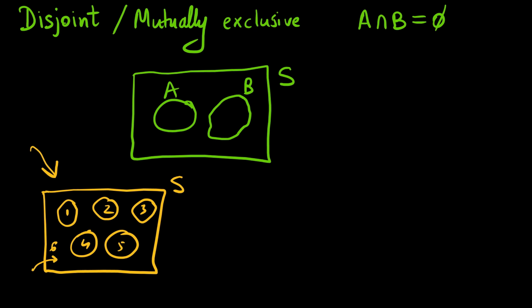And if their union is the sample space, and it is the case, because we've got sets 1 through 5, and set 6 has been defined as the points in the sample space that are not in the other 5, so their union is the entire sample space, then the sets Ai form a partition of the sample space S. In our case, the sets 1 through 6 here form a partition of the sample space S.